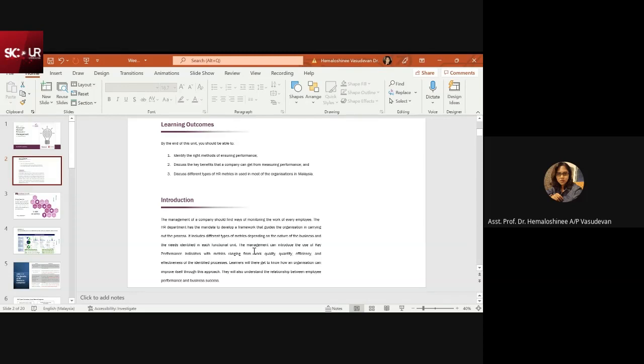Overall, strategic human resource management looks into employee performance appraisal as a key indicator to evaluate the employee's performance before and after the training itself. Because if they want to reward employees who are performing very well, they need to know what the employees' performance looks like.